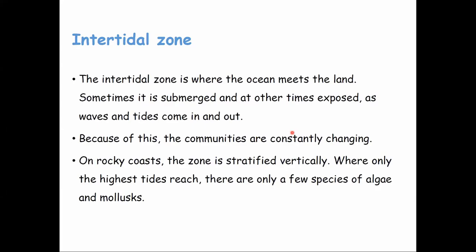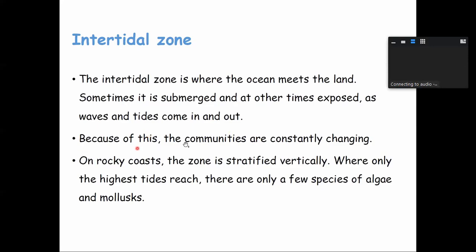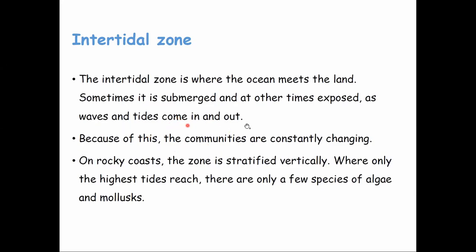Because of this, the communities are constantly changing. Why? See this sentence. Because the waves and tides come in and out, the communities, meaning the flora and fauna present in the intertidal zone, are constantly changing.